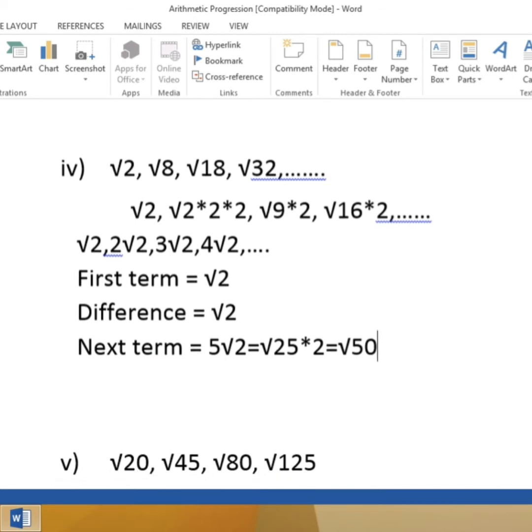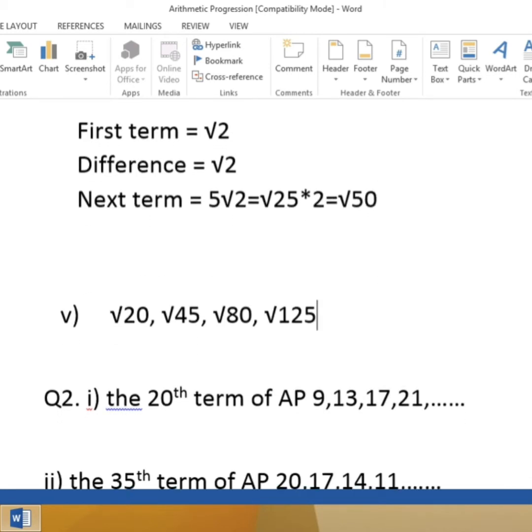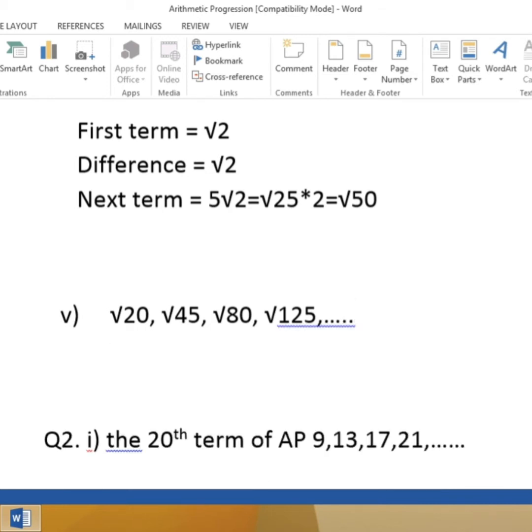Next, the fifth part of question 1. Square root of 20, square root of 45, square root of 80, square root of 125. It goes on this way. Square root of 20 can be written as 4 into 5, wherein 4 is a perfect square. 2 into 2 is 4. Next, 45 is 9 into 5. Square root of 80 can be written as 16 into 5.